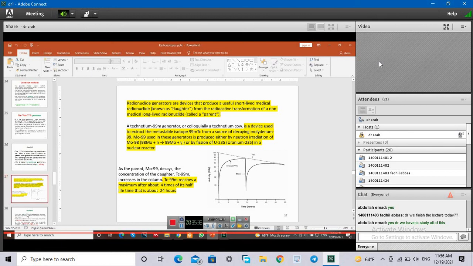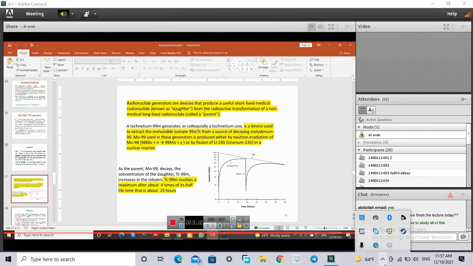A technetium-99m generator is a common source of radionuclide used in nuclear medicine. As said in this slide, it is a device used to extract the metastable isotope technetium-99m from a source of decaying molybdenum.